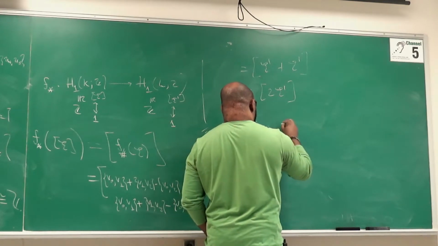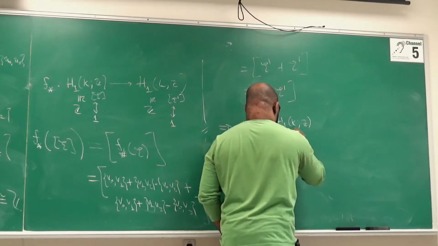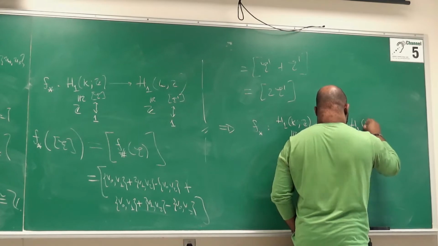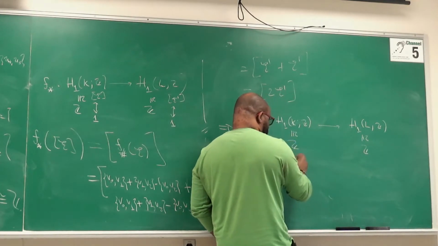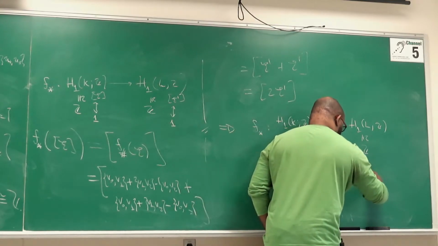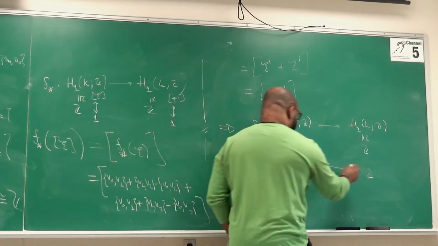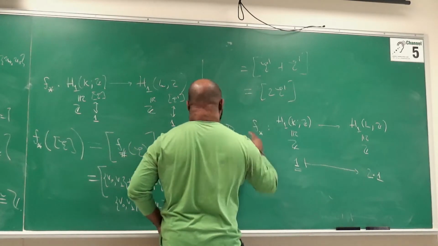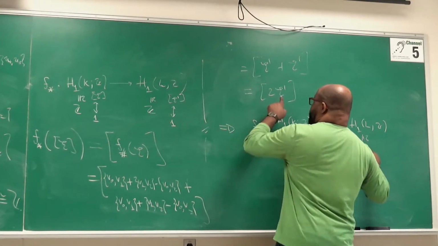So again, another way to think about f star is by sending 1 to 2, or 2 times 1, rather, where 1 here means zeta, and 1 here means zeta prime.